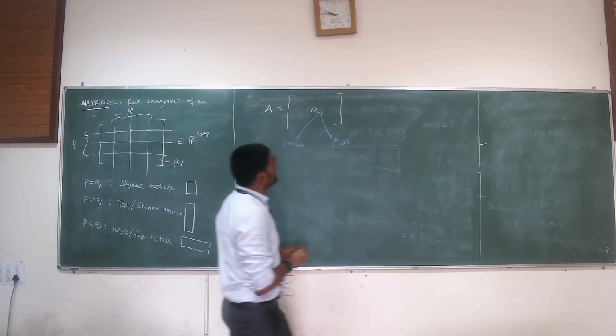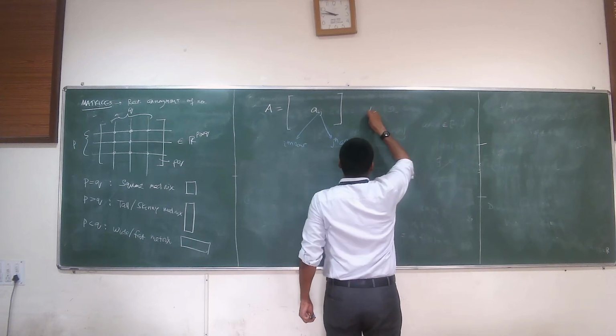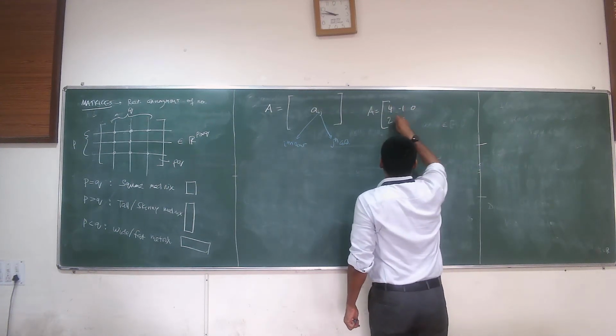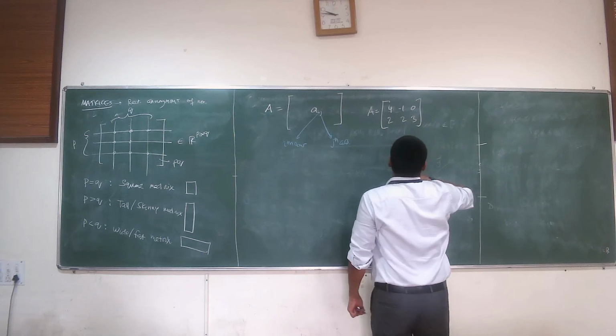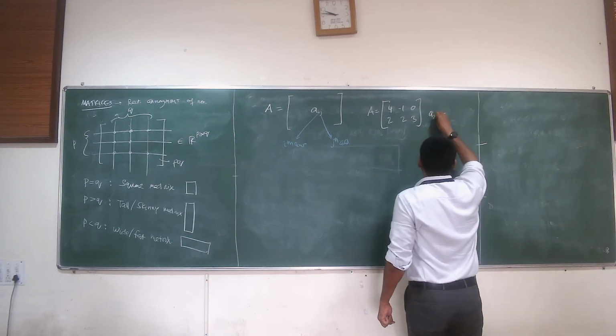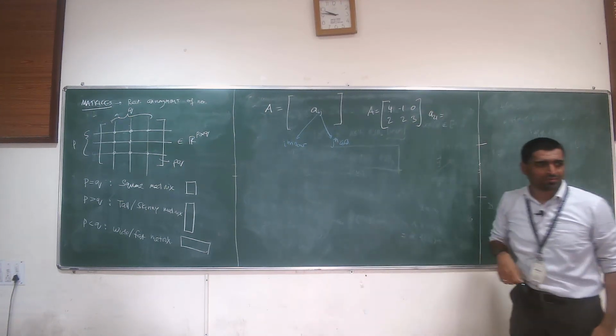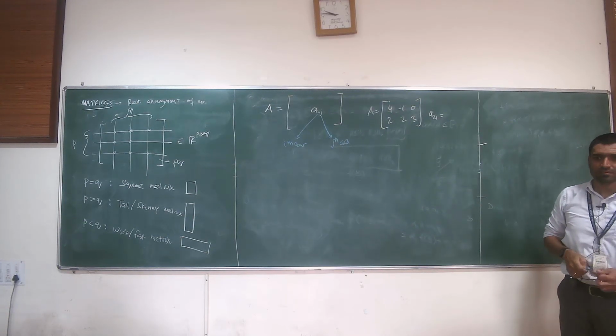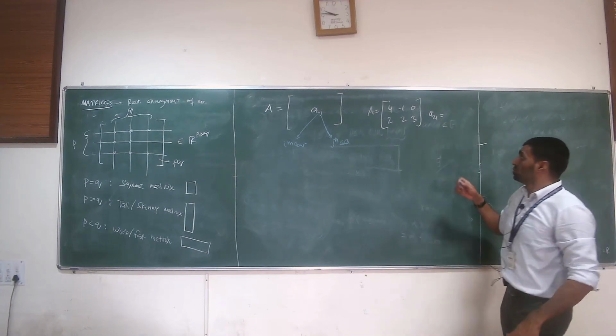So if I had a matrix like this, and I ask you what is A21 here? Yes, 2.